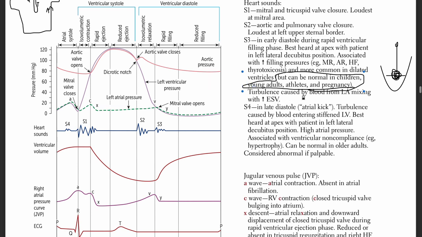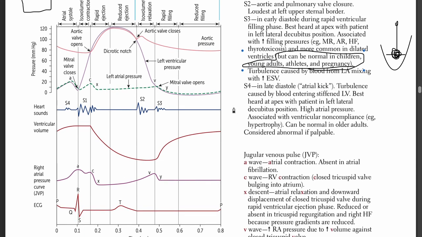Turbulence caused by blood from the left atrium mixing with the end systolic volume. That's this thing right here. So that's how you get the S3. It's usually because of high volume and high resistance, right? Then you have S4 in late diastole, atrial kick, turbulence caused by blood entering a stiffened left ventricle.